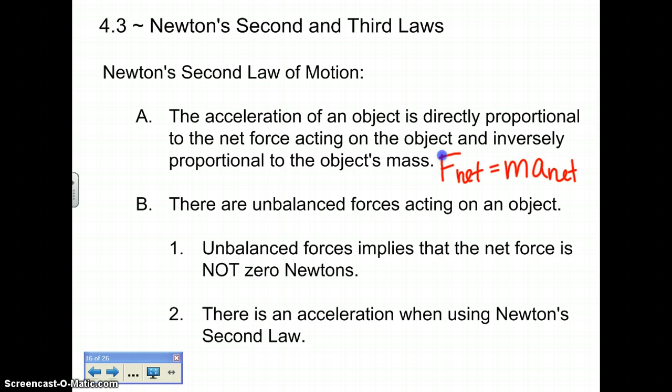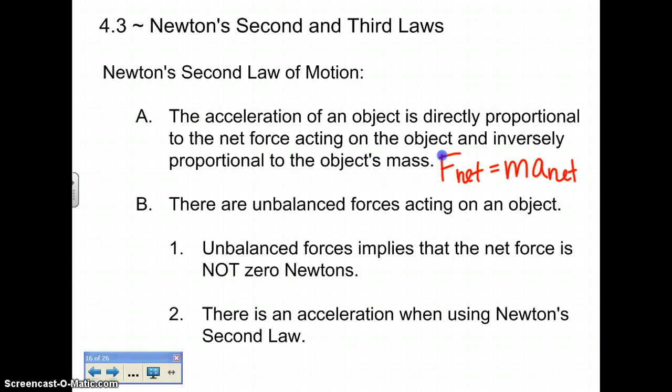So if your acceleration is some non-zero value, i.e. speeding up or slowing down, then your F net is also going to be equal to some non-zero value. So the idea that you can quickly say just by reading a problem, oh, there's going to be unbalanced forces working on this problem, is because it says the object is accelerating, i.e. speeding up or slowing down. So it's all about acceleration.